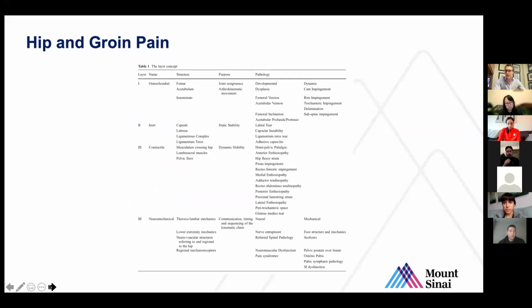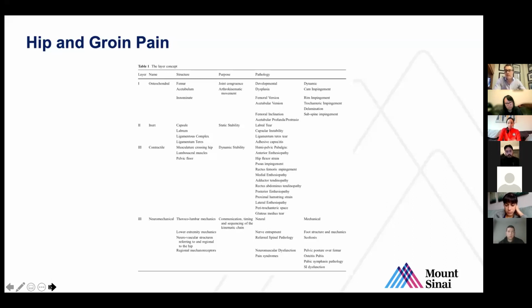Now, this is the layered concept that was put forth by a few guys. One person in particular was Brian Kelly, as another way in which to try to have a systematic or algorithmic approach to diagnosis with regards to these patients, because again, it's a confusing part of the body, and mostly because symptoms do overlap quite a bit with these patients.